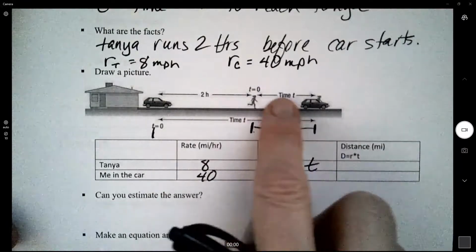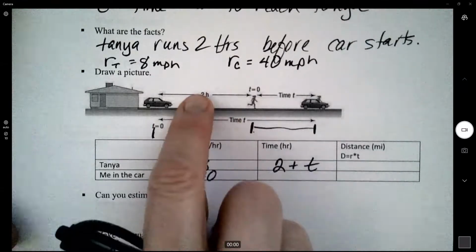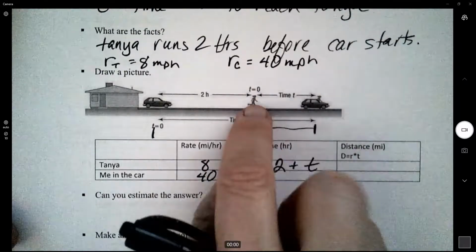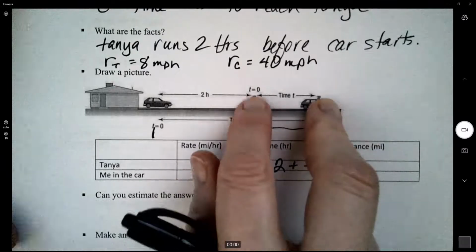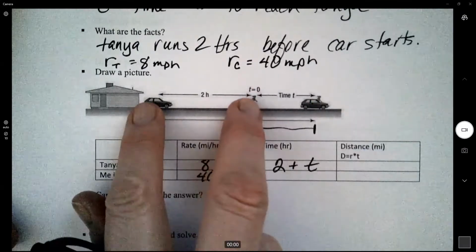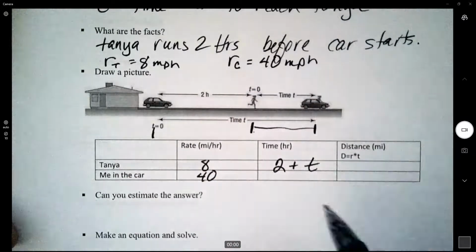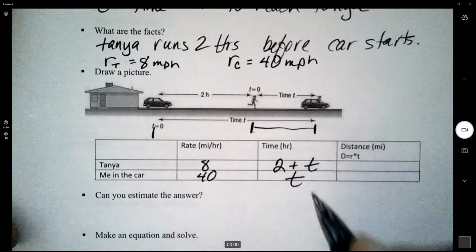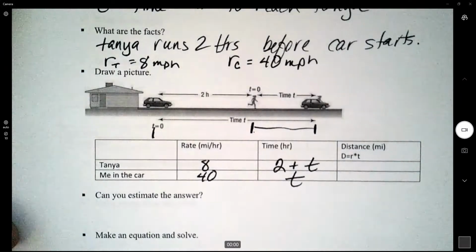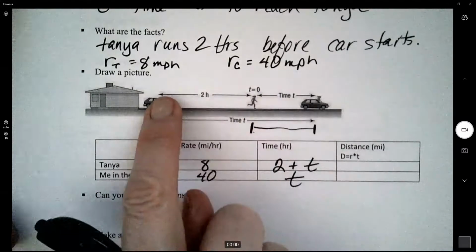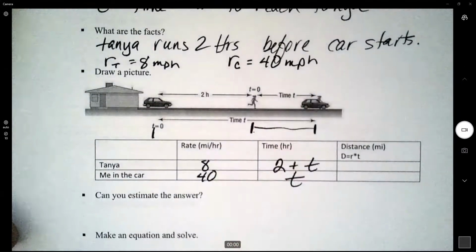So the total time here is going to be 2 hours plus the time in between, where she is already at the point where I start and when we finally meet up. So me in the car, it's going to take me a total of time t hours, but for her, it's going to be 2 hours plus that additional time.